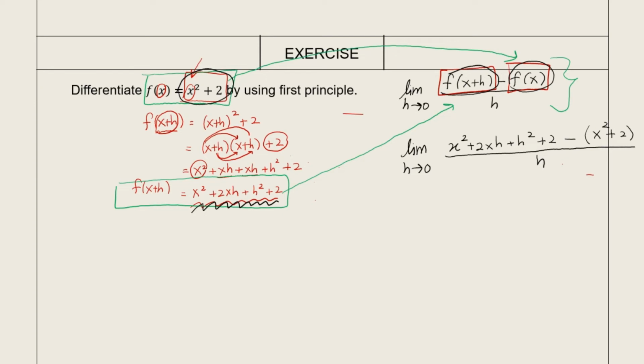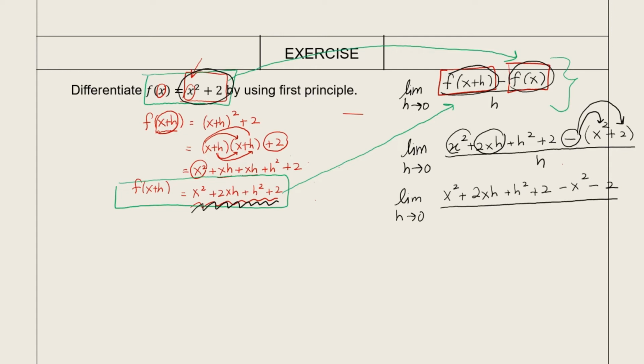Alright, okay class, now we want to simplify this equation. So you have limit h approaching 0, you have your x squared, just write down x squared here. You have your 2xh from here, plus h squared, plus 2, and negative and positive, you will get negative x squared, negative and positive 2, you will get negative 2, divided by h.